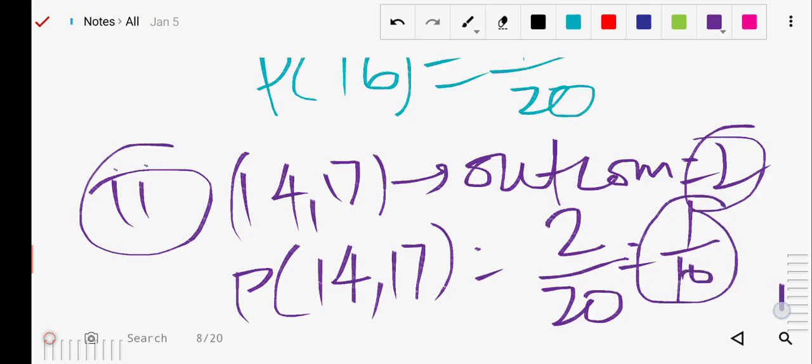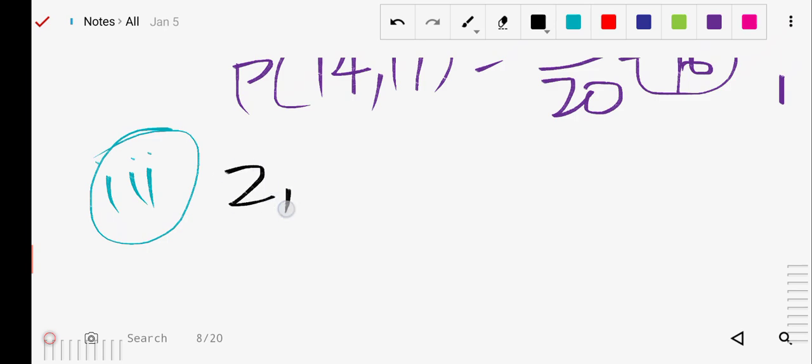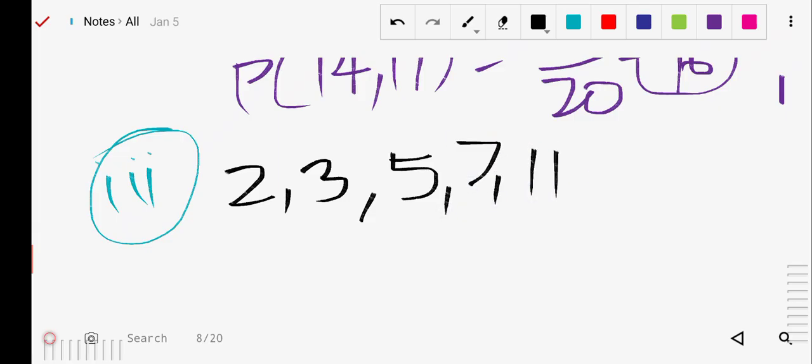Now number 3. They are asking for a prime number. From 1 to 20, how many prime numbers are there? 2 will come, 3, 5, 7, 11, 13, 17, and 19.